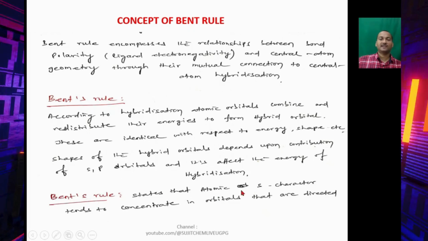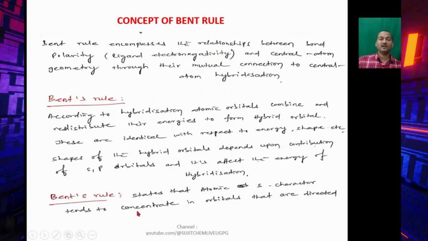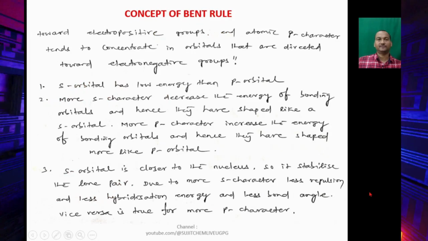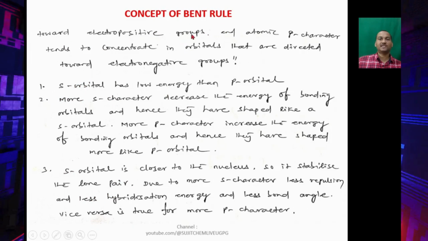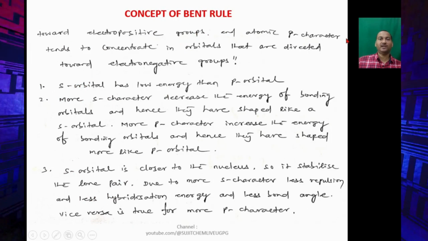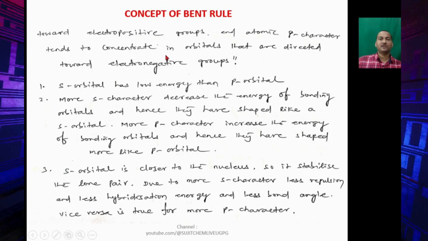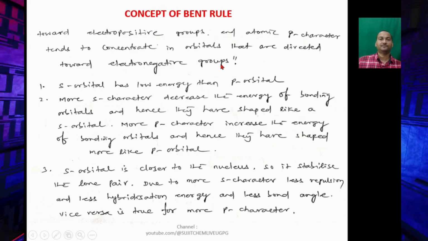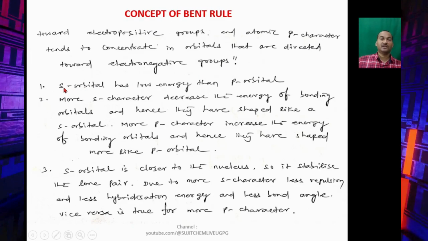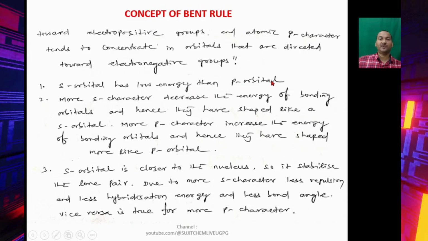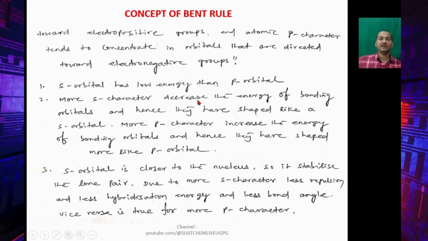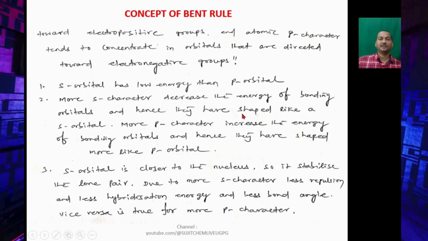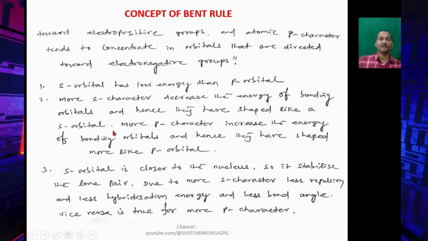So Bent rule states that atomic s character tends to concentrate in orbitals that are directed towards electropositive groups, and atomic p character tends to concentrate in orbitals that are directed towards electronegative groups. Usually the s orbital has lower energy than the p orbital, and more s character decreases the energy of a bonding orbital, and hence it has a shape more like an s orbital.